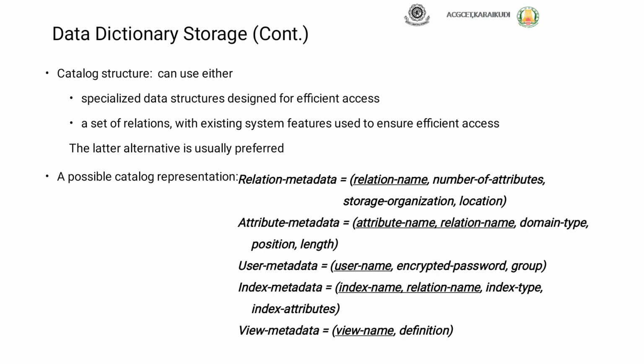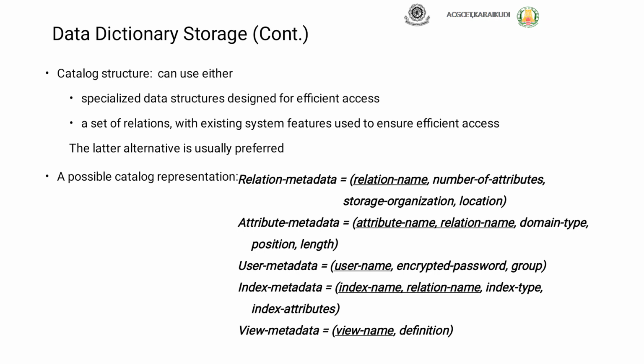Relation metadata, that is, the system catalog schema. Relation metadata is equal to relation name and number of attributes. Next, attribute metadata, the attribute schema: attribute name, relation name, and domain type, position, length. The next one is user schema or user metadata: username, encrypted password, and the group.